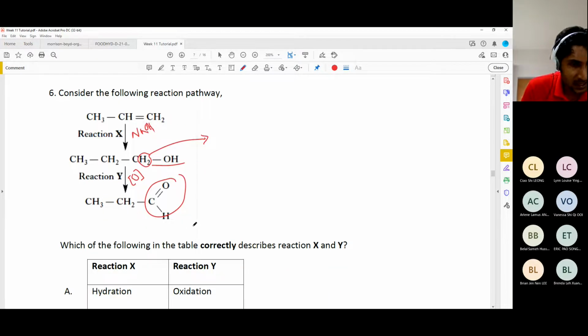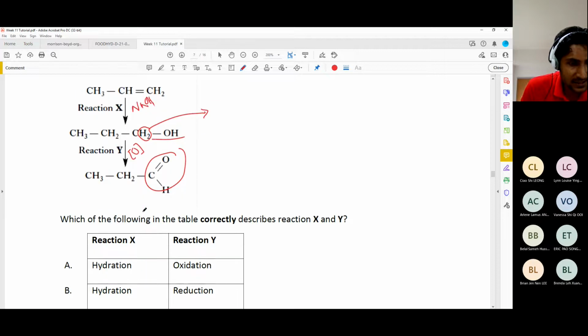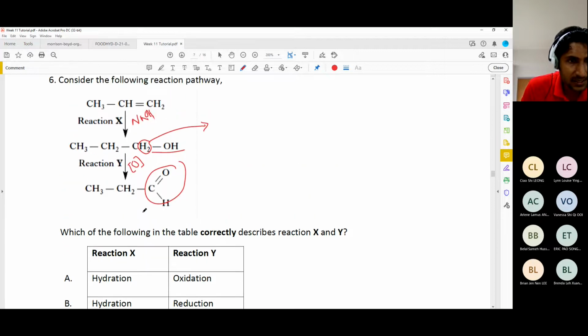So reaction X is a hydration. Yes, it can be hydration as well. If we don't use sodium hydroxide, we can use water vapor. Just now we saw it under the catalyst phosphoric acid, H3PO4. That way also we can.